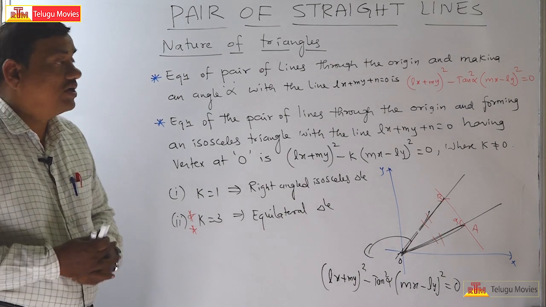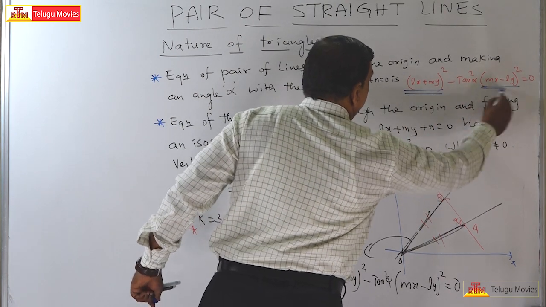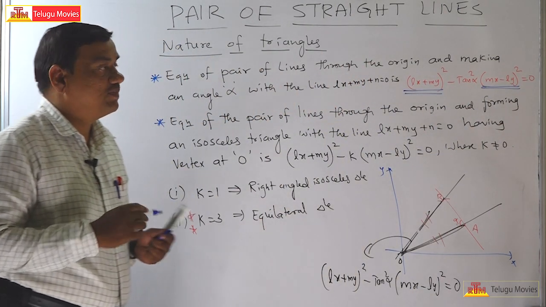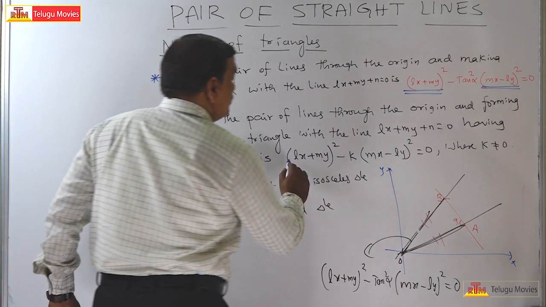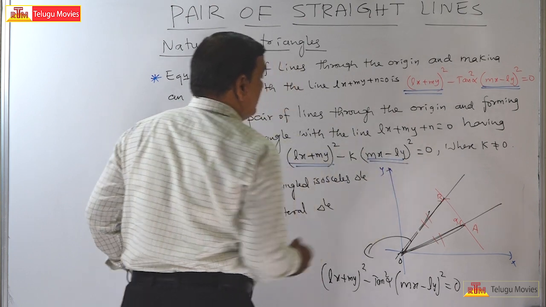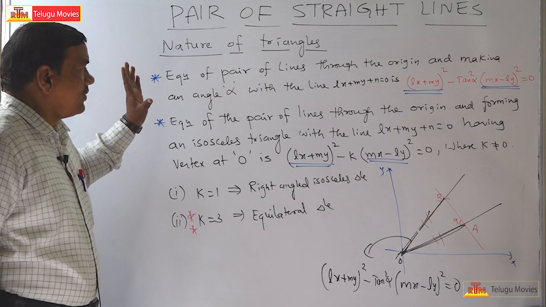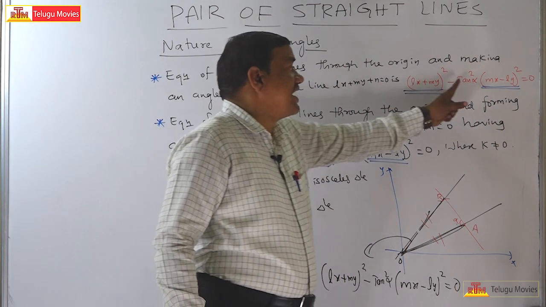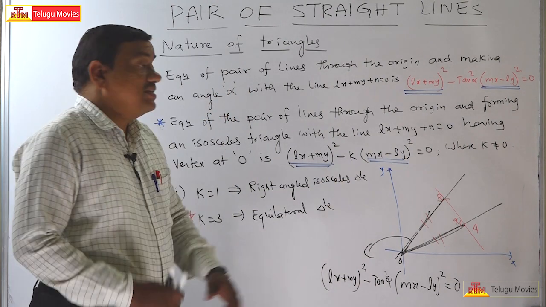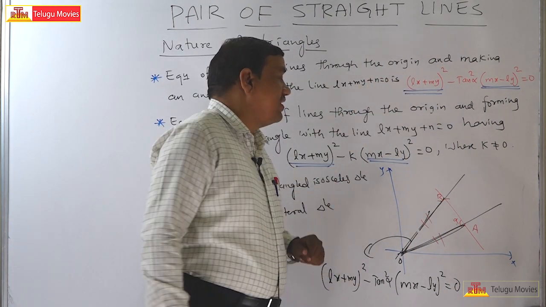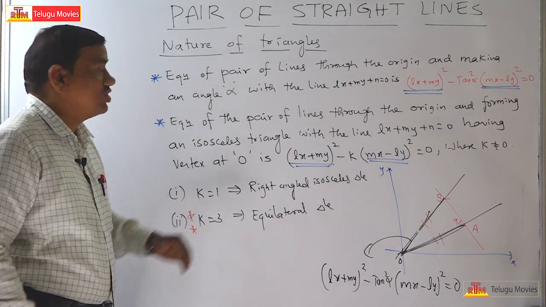Here you have to understand one thing: Lx plus My and Mx minus Ly are perpendicular lines. Both are squared in the equation. If tan square alpha is replaced by k, then it will form a triangle, that is, an isosceles triangle.